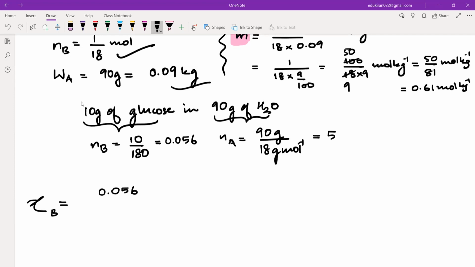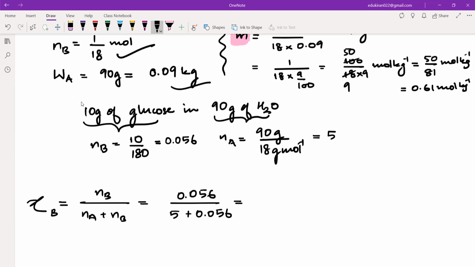0.056, NB upon Na plus Nb, which will be equal to 0.056 divided by 5 plus 0.056. So this will be equal to how much? This will be equal to 0.056 divided by 5.056.